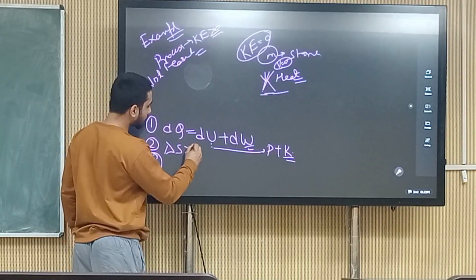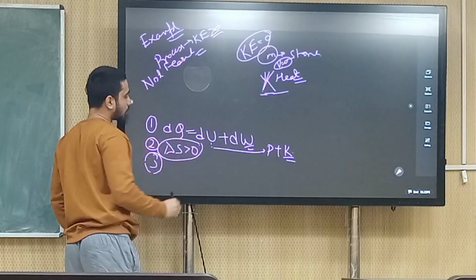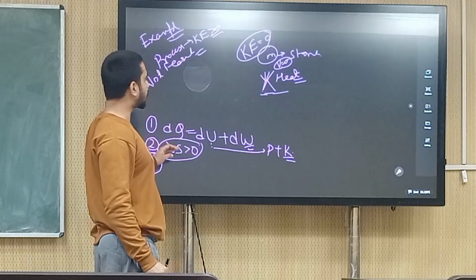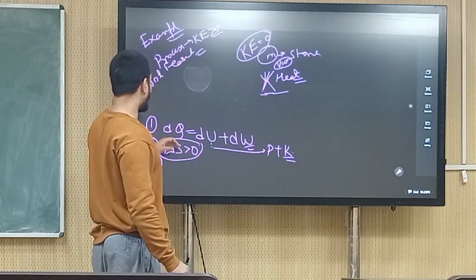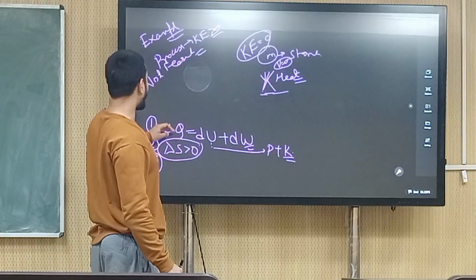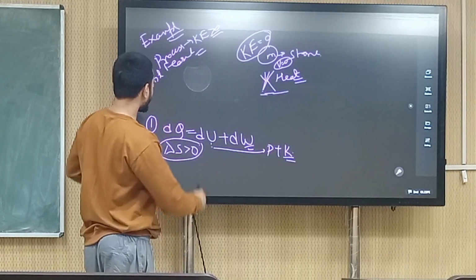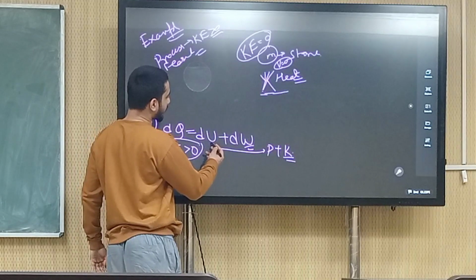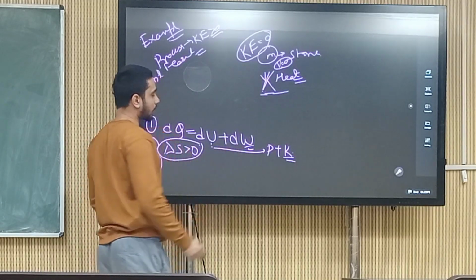Whether the process is feasible or not is told by the second law, that is, whether the entropy is increasing or not.